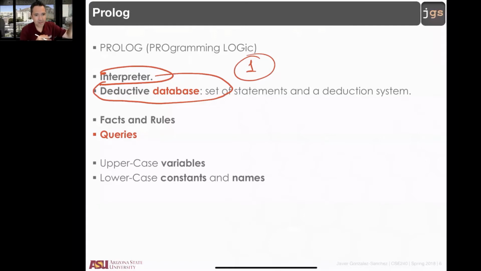What we're going to access is this interpreter running in a server, this deductive database running in a server. The only thing that we do is send requests, send facts, send rules. That database is going to store that, and later we can ask queries. That database is going to send us back the answer using the browser. You can install one locally, or you can use the online one.